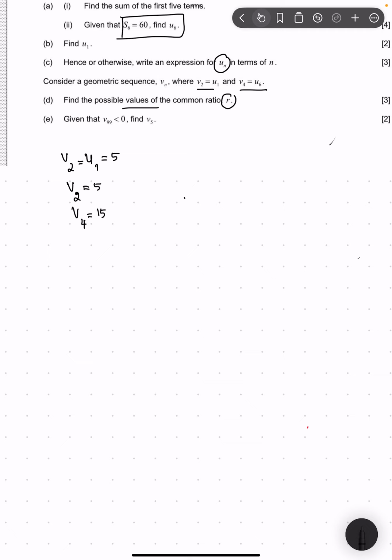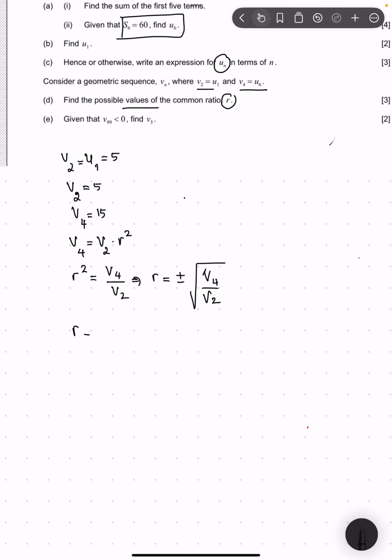The sequence that has V is a geometric sequence. The gap between V2 and V4 is 2 steps. So V4 equals V2 times r squared. Understand? Then r squared equals V4 over V2, and r equals plus or minus the square root of V4 over V2.